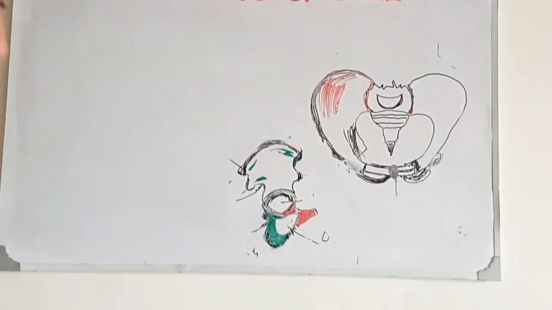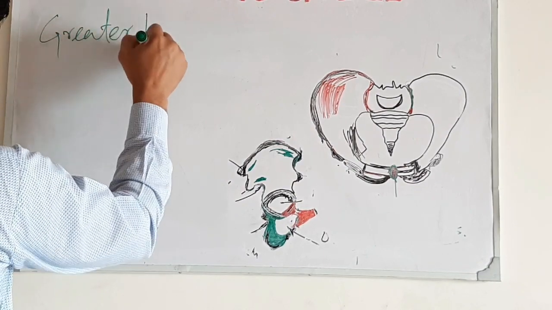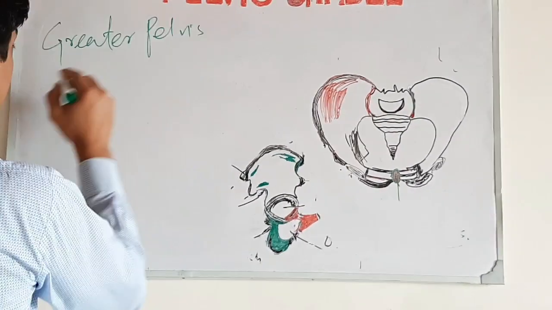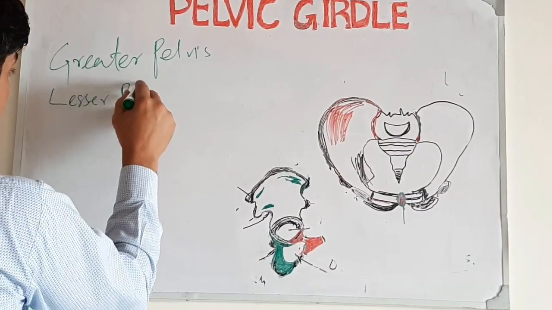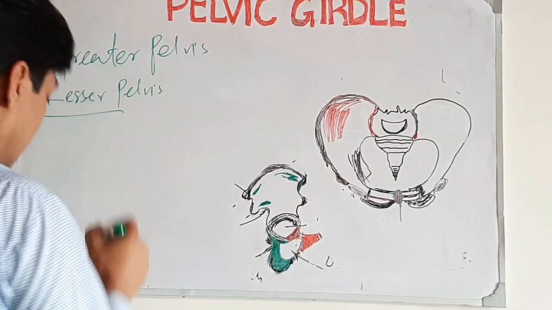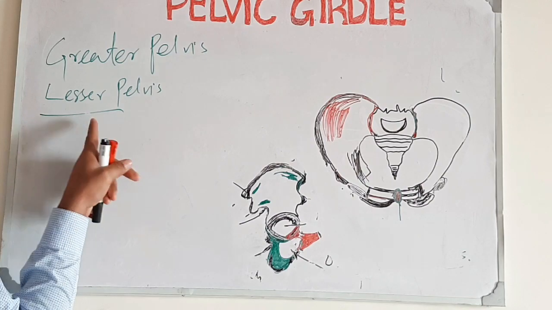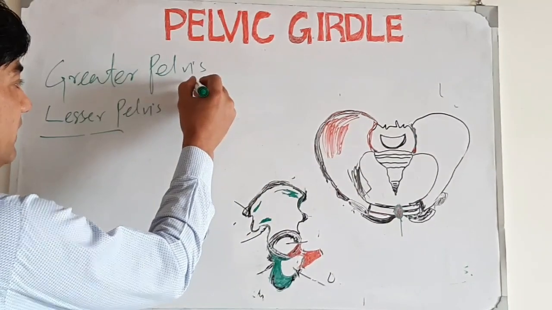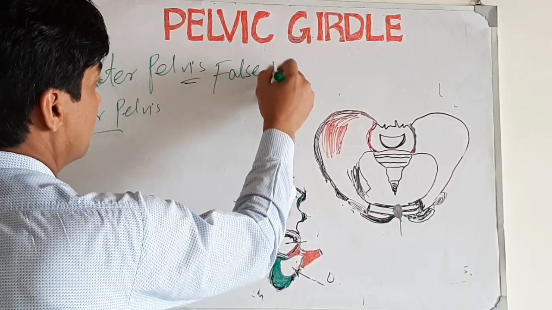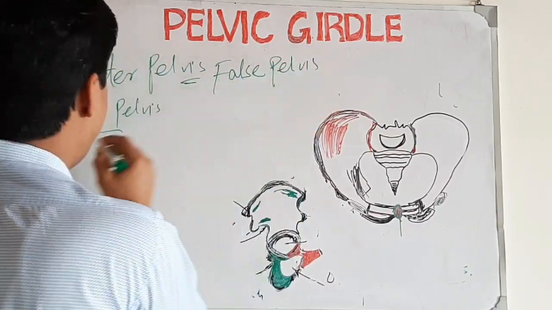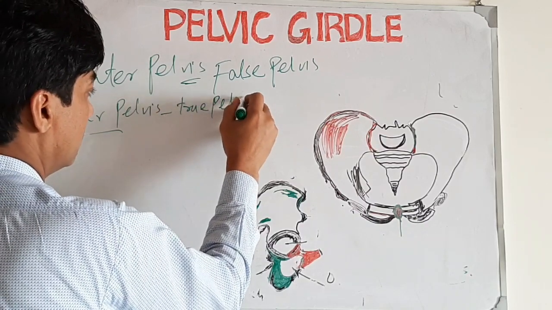The greater pelvis is the false pelvis and the lesser pelvis is the true pelvis.